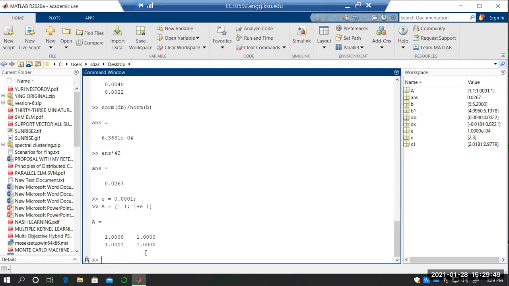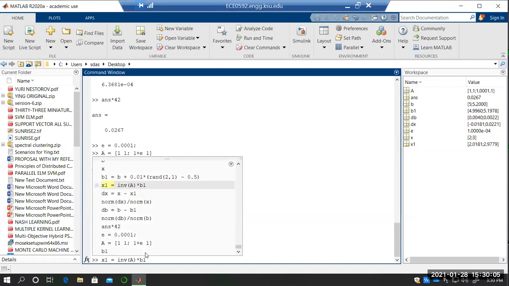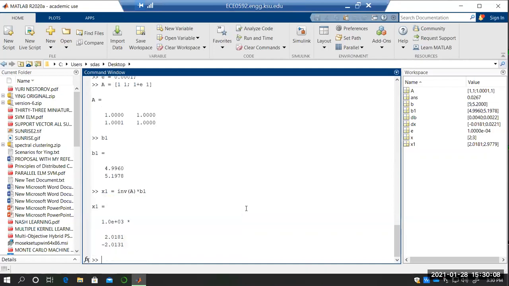We have B1, the approximate value of B. We don't have the real value of B; the value we have is B1. So the new x1 will be equal to the inverse of A times B1.